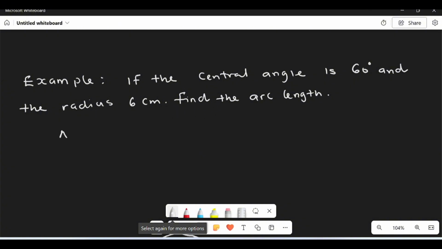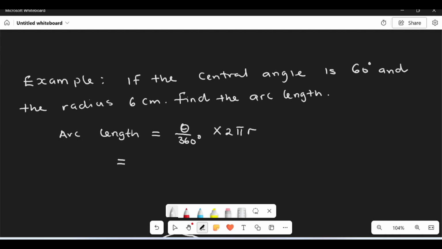Our arc length equal to theta over 360 degree multiplied by 2 pi r. Here our r is 6 centimeter, our theta is 60 degree. Let us substitute those values into this equation.